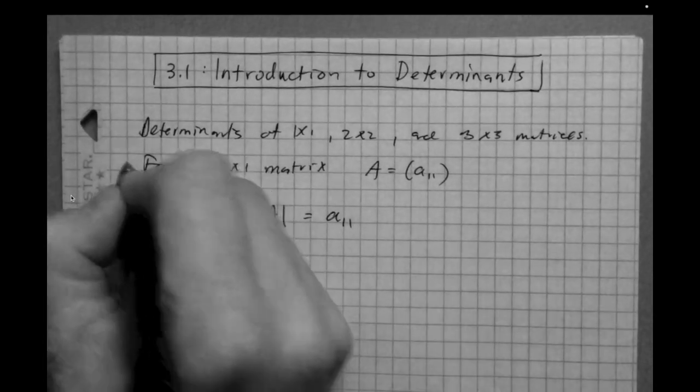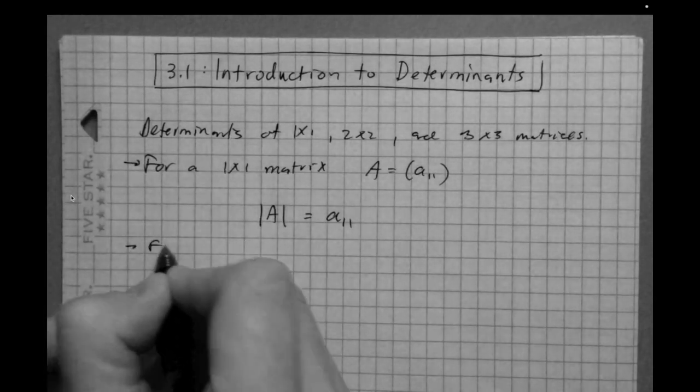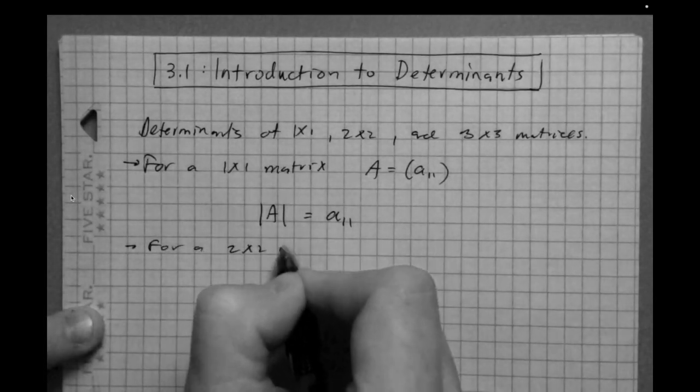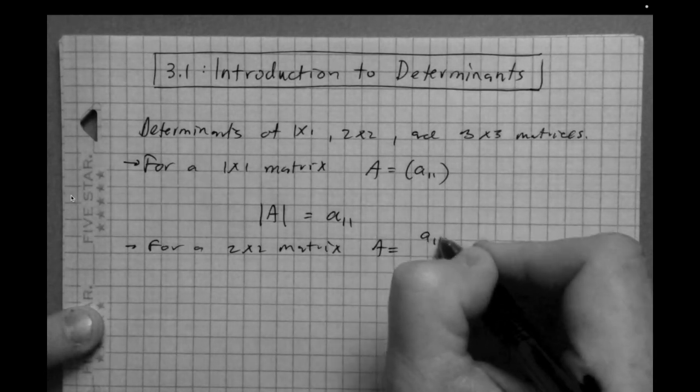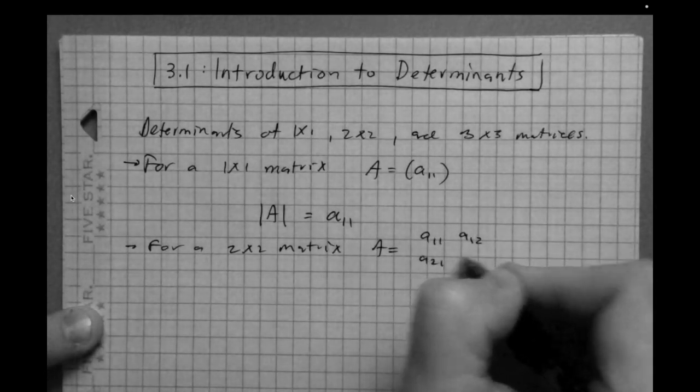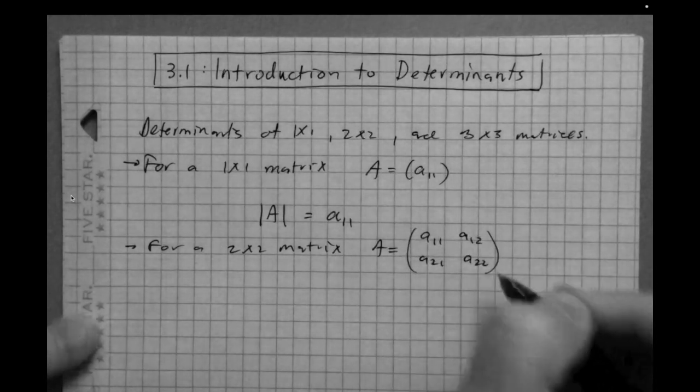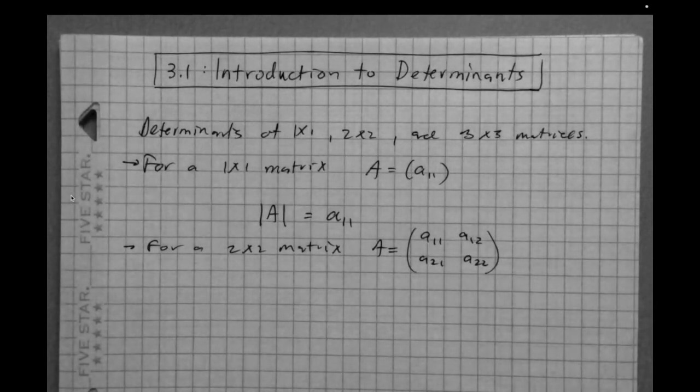Let's jump to the 2 by 2 case. For a 2 by 2 matrix, in this case A will equal A11, A12, A21, A22, right? And so for this case we've actually seen the determinant before. We talked about it when we were discussing inverses of matrices previously.